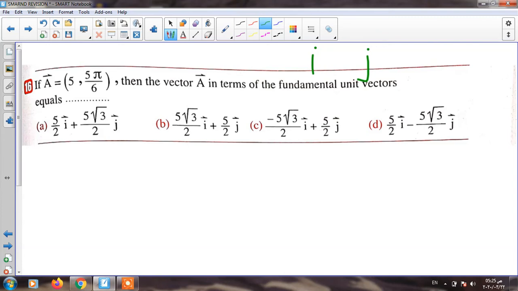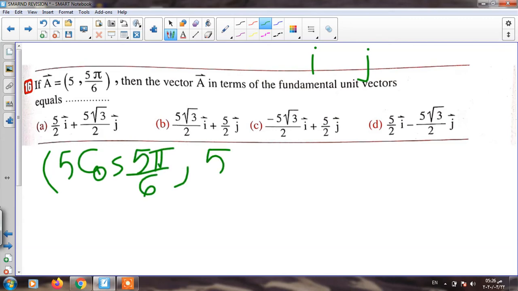The first part will be the norm times cosine the angle. So it's 5 cosine the angle 5/6 pi, and then 5 sine 5/6 pi.